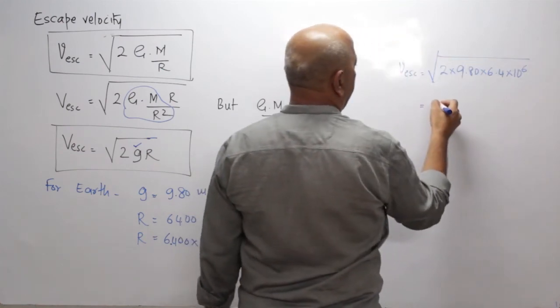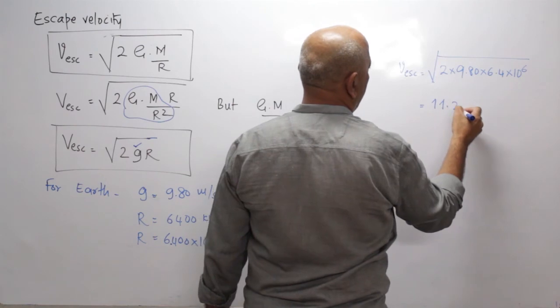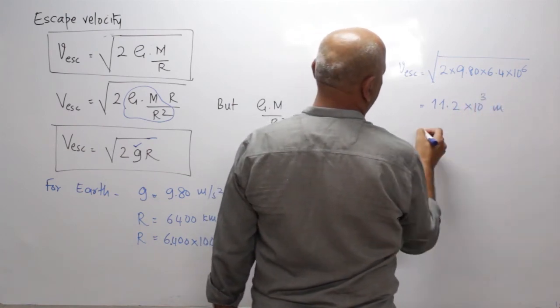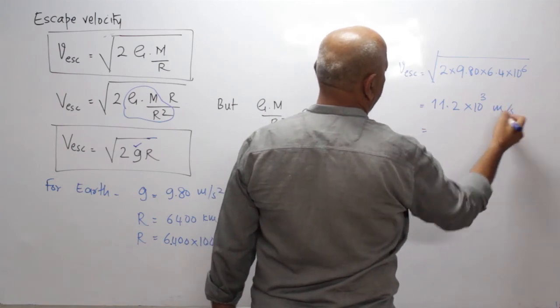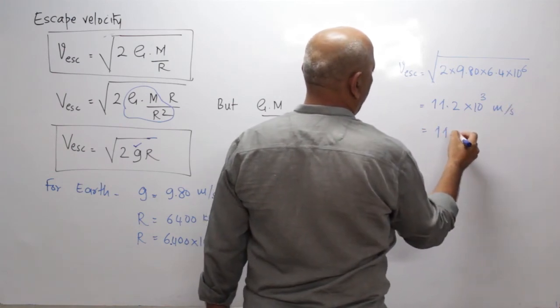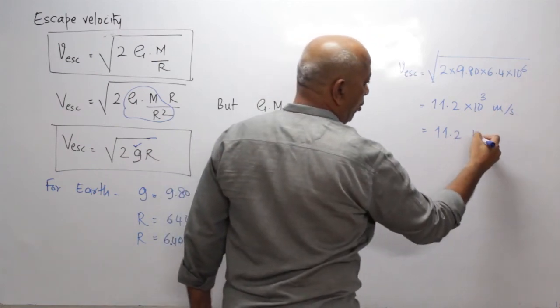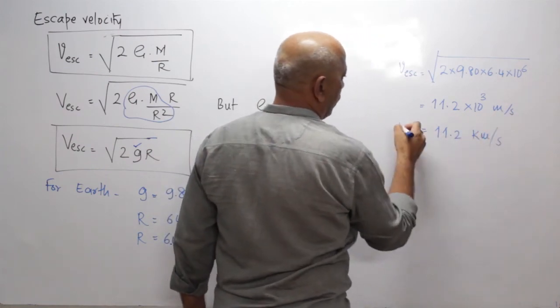If you calculate this, it will become 11.2 into 10 raised to 3 meters per second, and that is nothing but 11.2 kilometers per second.